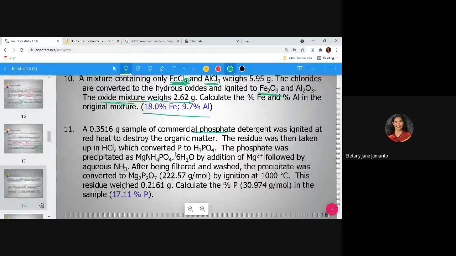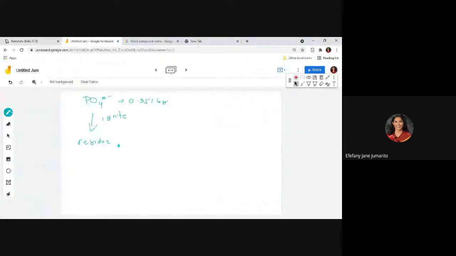Then the residue was taken up with HCl, so you add HCl.